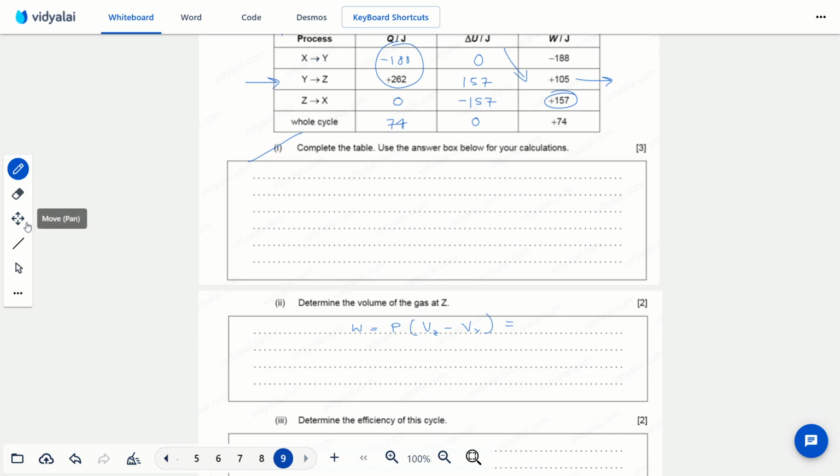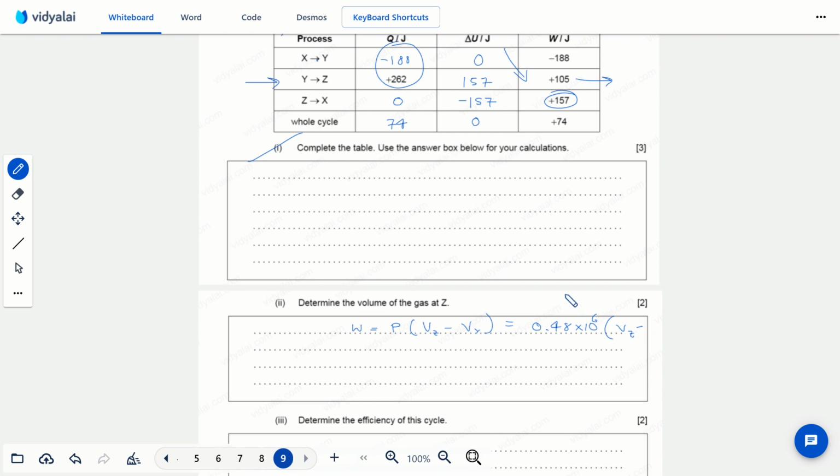And what's the pressure? I believe it's 0.48 megapascals. Mega is 10 raised to 6.